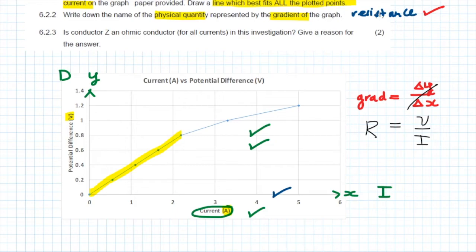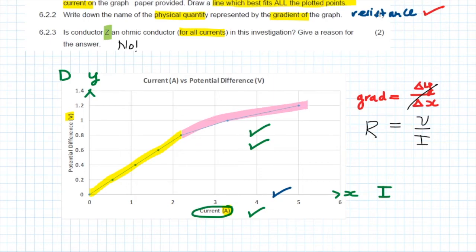Now we have the last question, and this question says, is conductor Z an ohmic conductor for all currents in this investigation? Give a reason for your answer. The correct answer is no. And the reason is because of this section over here.